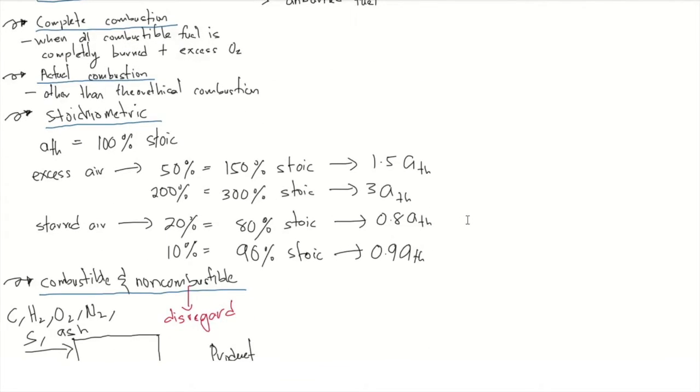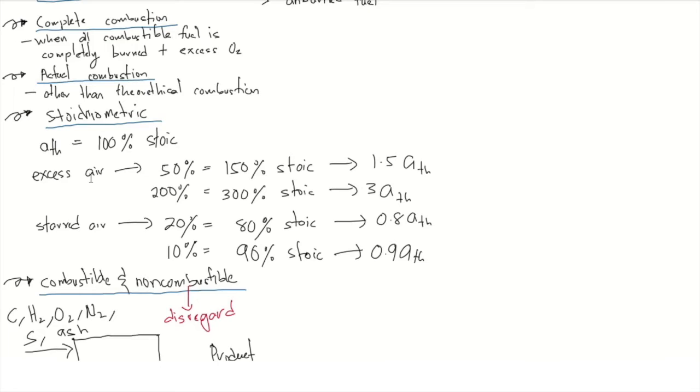Alright, now we go to what we call stoichiometric. Stoichiometric is related to the amount of air supplied to the combustion process. Before this we calculated for theoretical air, right? That one is actually 100% stoichiometric. And then we have what we call excess air.